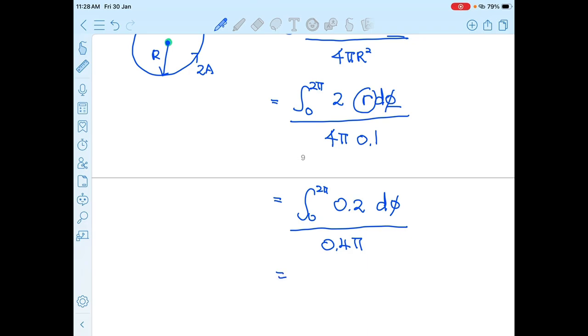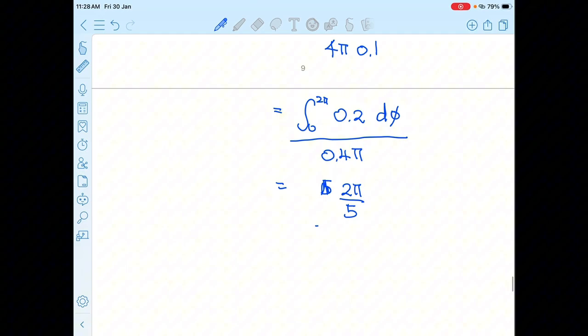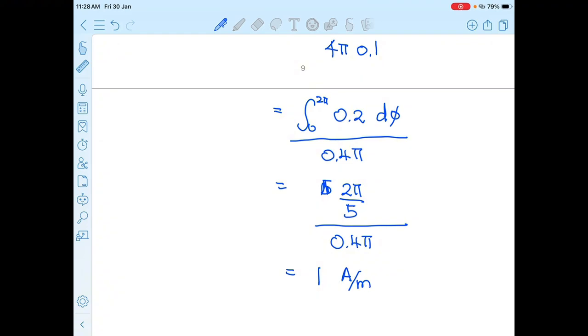So let's calculate, integrate 0.2 from 0 to 2 pi. Over here I have 2 pi over 5, divided by 0.4 pi, which equals 1 ampere per meter.